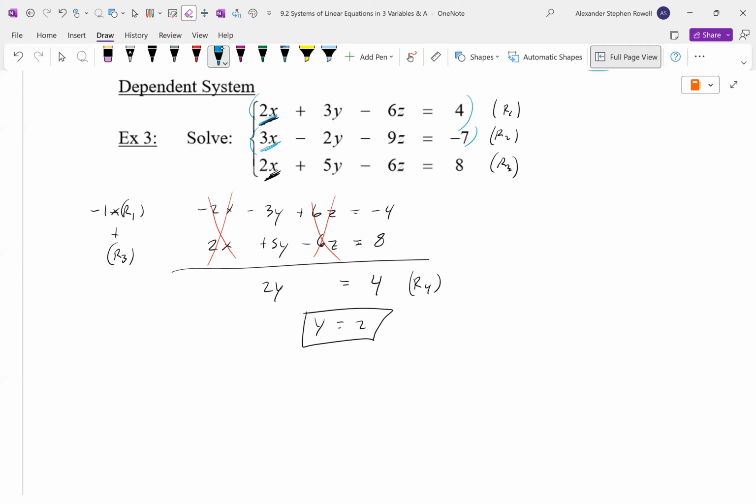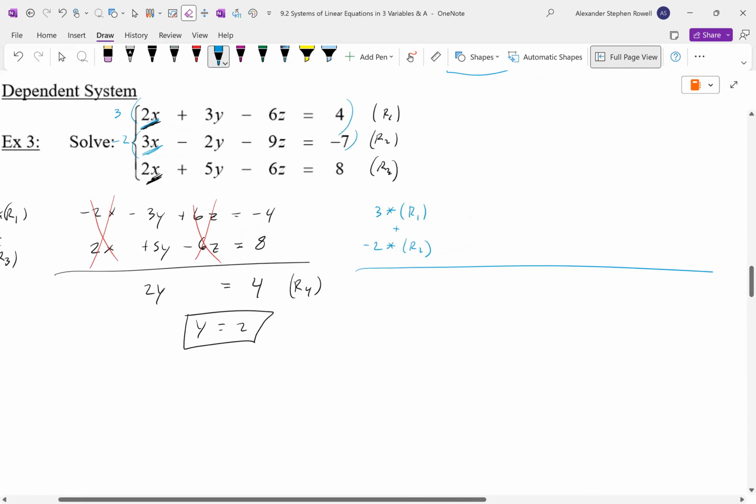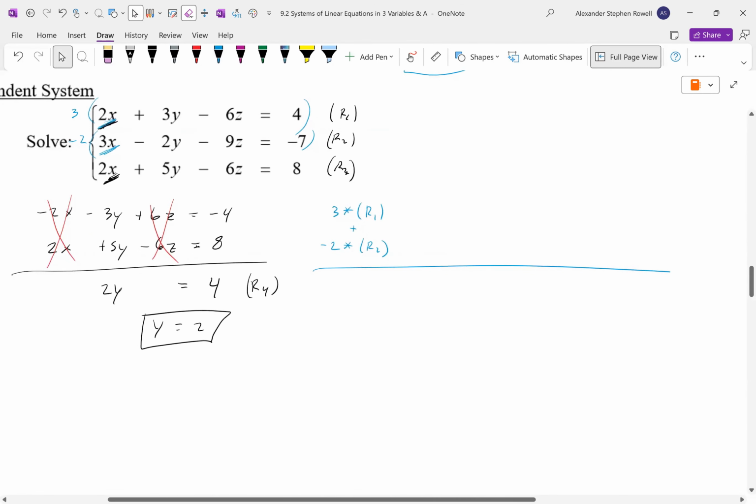Yeah, the smallest number 2 and 3 go into is 6. So I'd like to multiply 1 by 3 and 1 by -2 to create opposites. So 3 times row 1 minus 2 times row 2, and add the results together. All right, this is where I need to be extra careful to not make a mistake. I hope you guys catch my mistakes, as usual. 6x plus 9y minus 18z equals 12.